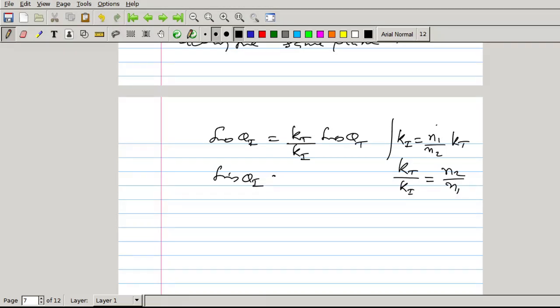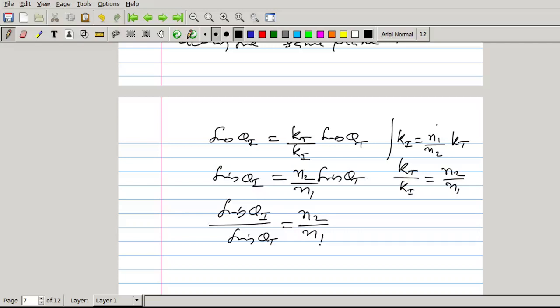So sine theta I equal to n2 by n1 sine theta t, or we can write sine theta I by sine theta t equal to n2 by n1.